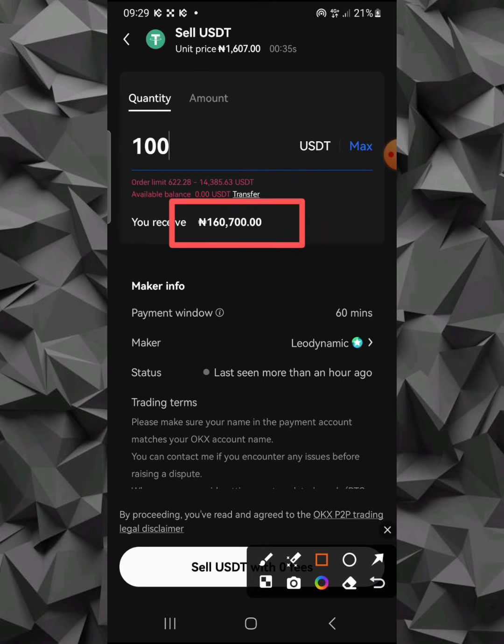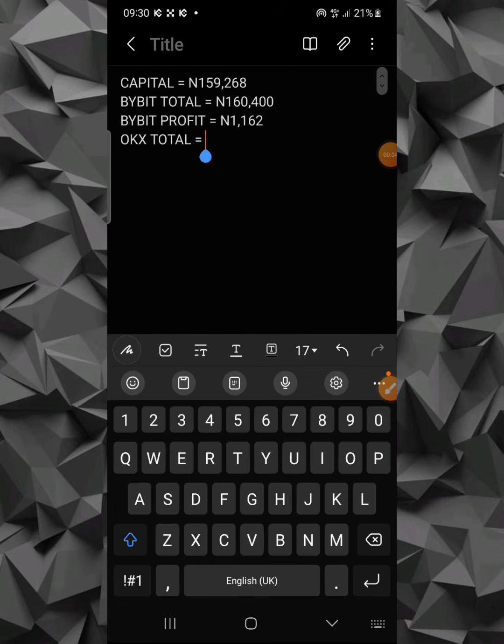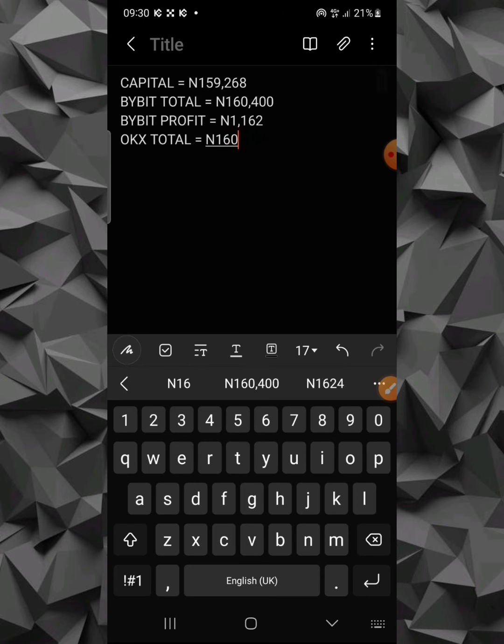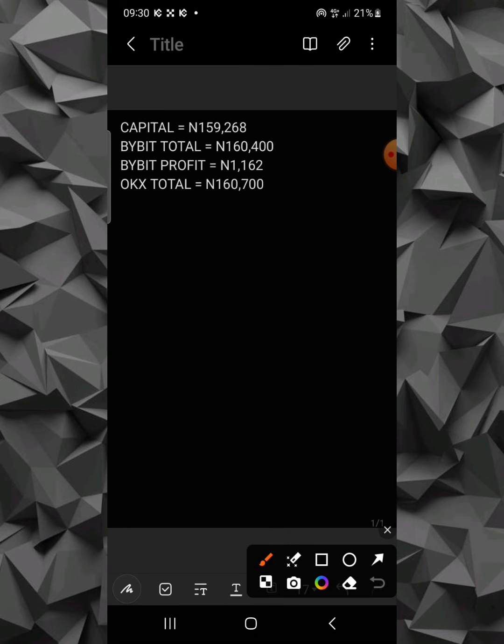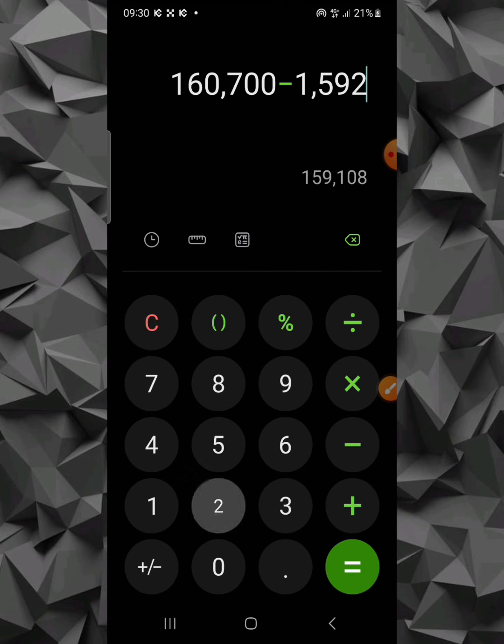Let's jot this down. So the total amount you are making from OKX while selling your USDT is 160,700 naira, okay? Now let's subtract this from the capital and see the amount of profit you are making. So we subtract 160,700 from 159,268.